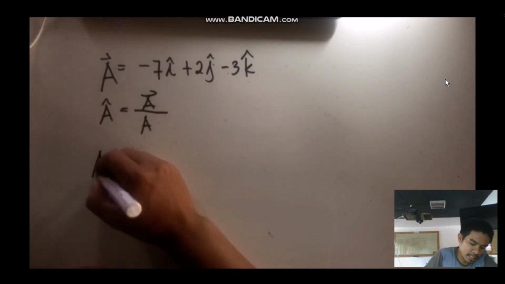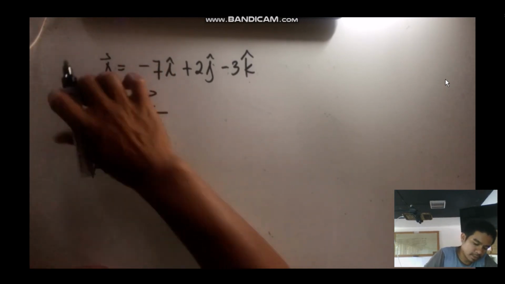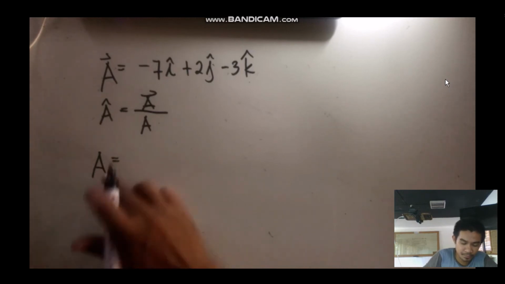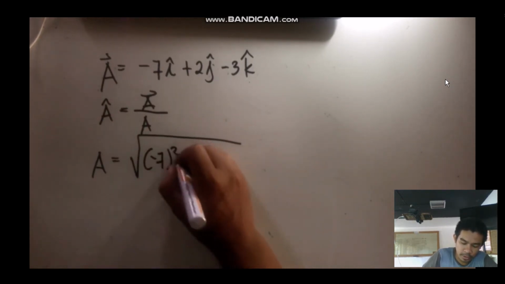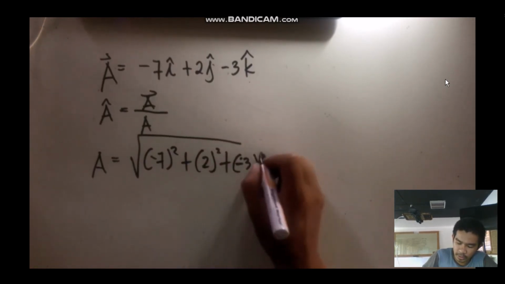The magnitude of vector A, which is A, is the square root of negative 7 squared plus 2 squared plus negative 3 squared.